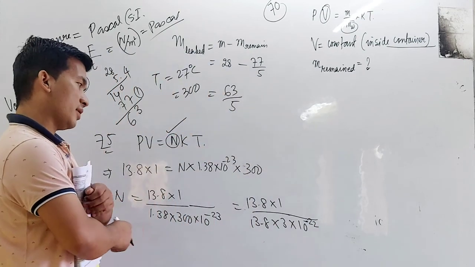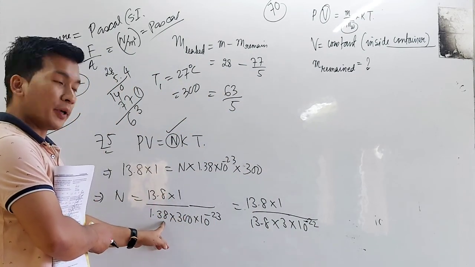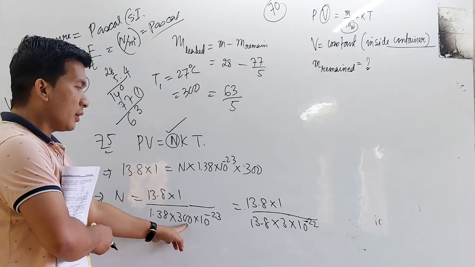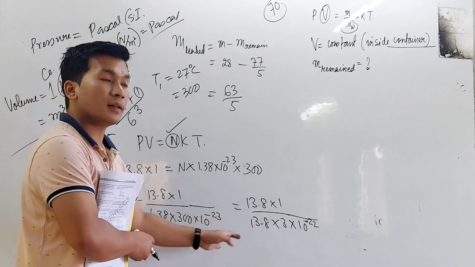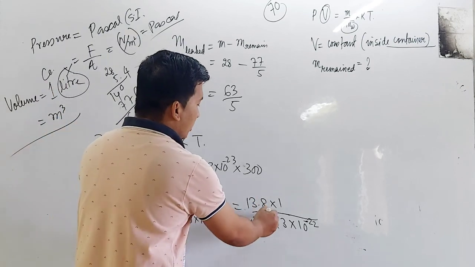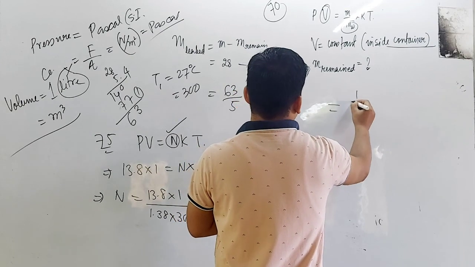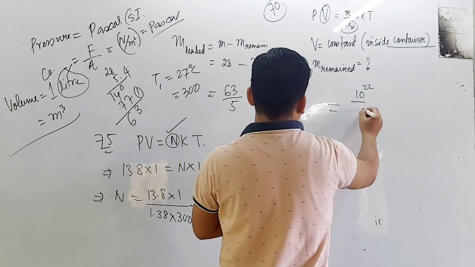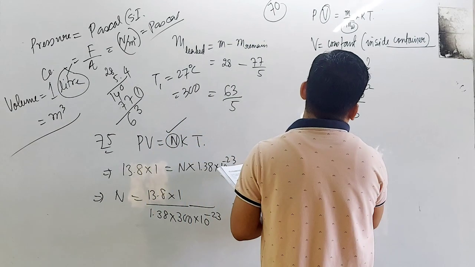Do you understand this? One 0 is utilized for removing one decimal point and another 0 removes one negative power, and the rest cancels out.